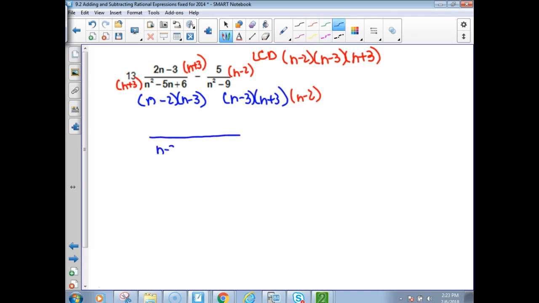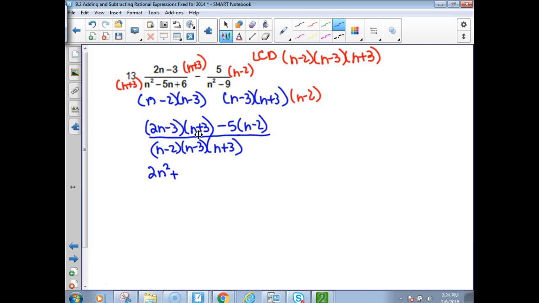Just going to write my denominator. My numerator, I'm going to have to do in parentheses 2n minus 3 times n plus 3. And if you can go ahead and multiply that out right away, that's fine too. Plus 5 times n minus 2. I'm going to keep my steps. I'm going to need to FOIL or double distribute. 2n times n plus 3 would be 2n squared plus 6n, and then I'll have minus 3n.